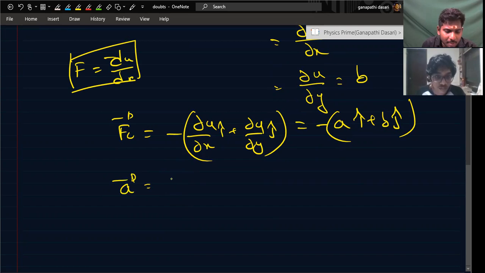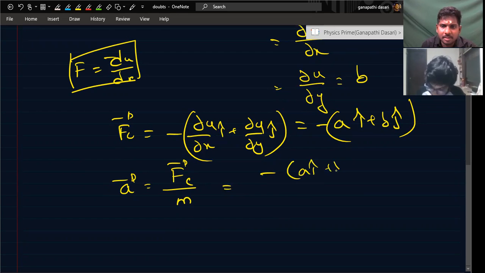Considering the mass is constant, it is the conservative force by mass, which is equal to minus (a i cap plus b j cap) by mass.